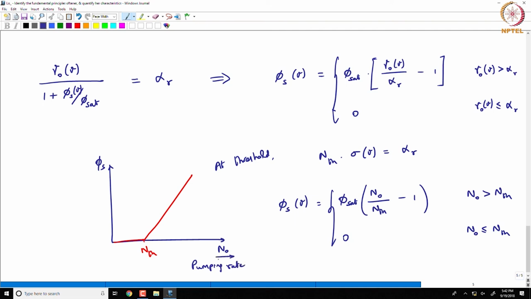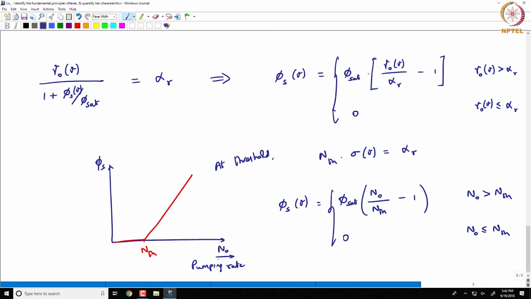So, how do you get higher and higher n naught? By going for higher and higher pump power. That is the picture that we have as far as the laser is concerned around threshold.